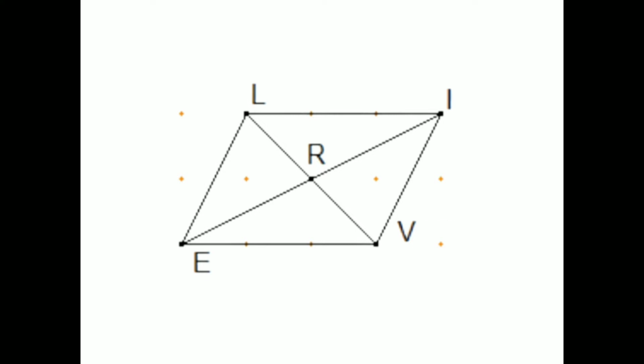And then kapag naman sinabing consecutive angles or yung supplementary angles, which is equal to 180 degrees, is yung magkasunod. Basta magkasunod, sila ay supplementary. Example is yung angle E and angle V, angle V and angle I, and angle L and angle E. Basta magkakasunod, sila ay supplementary or yung consecutive angle.